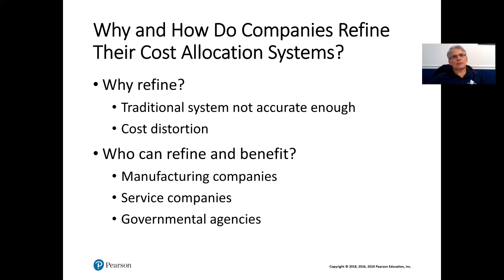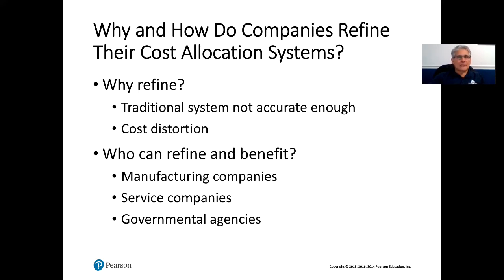And the question might be, why and how do companies refine their cost allocation systems? Well, the answer is simply that maybe the allocation that we've come up with so far is not good enough. It's not accurate enough. As a result, there can be some significant cost distortions.